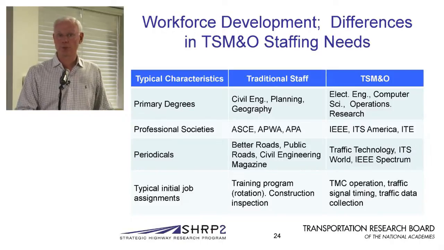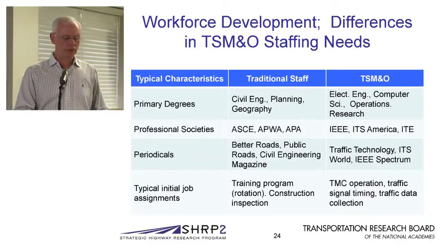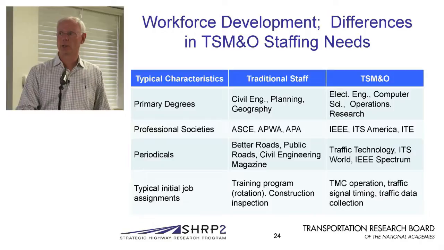Career advancement becomes an issue. So there are lots of things that relate to this that agencies need to be thinking about, and in some cases need to do a better job of accommodating the right kind of people necessary to do TSM&O and ITS in a good way.